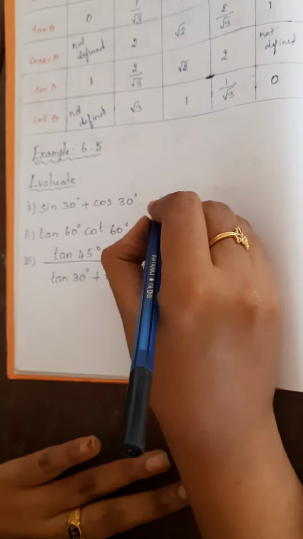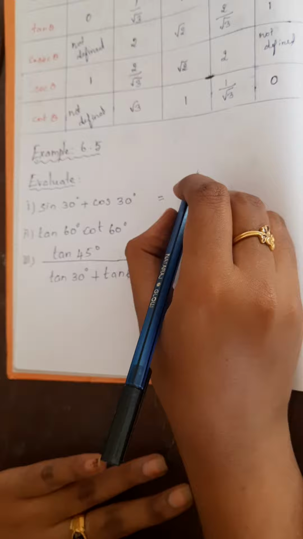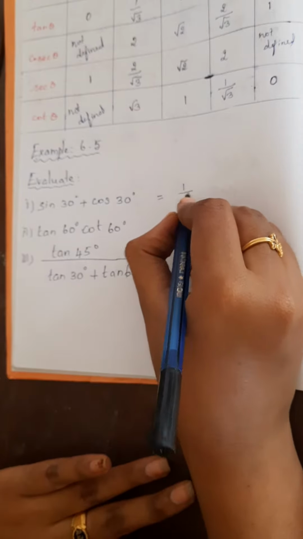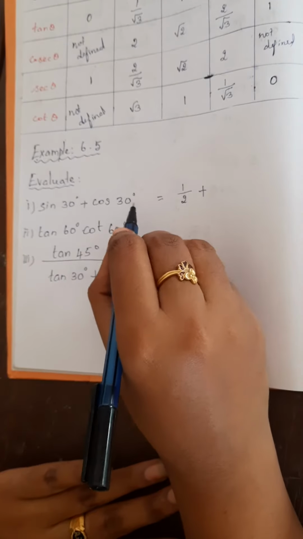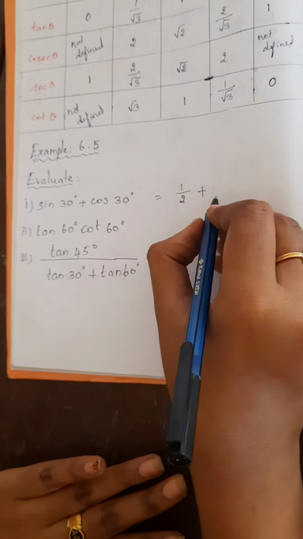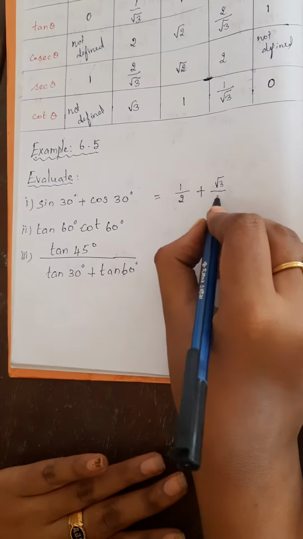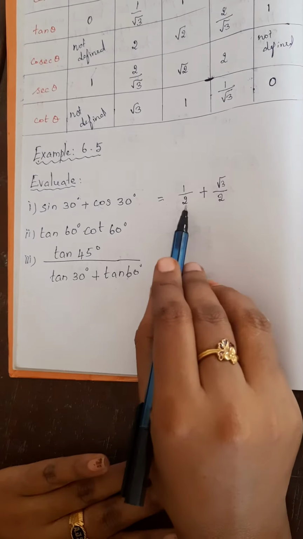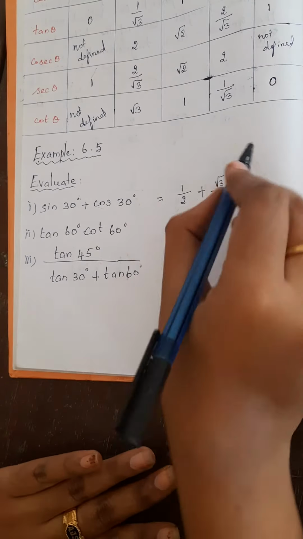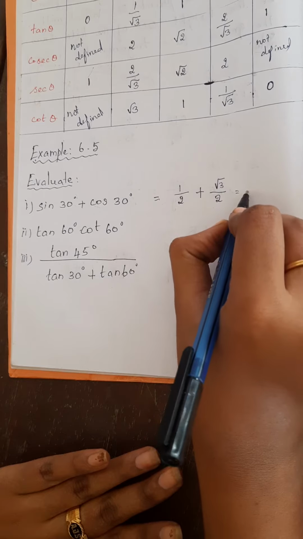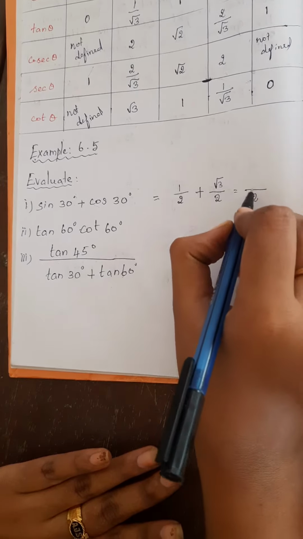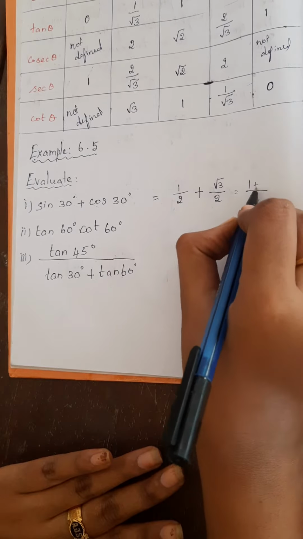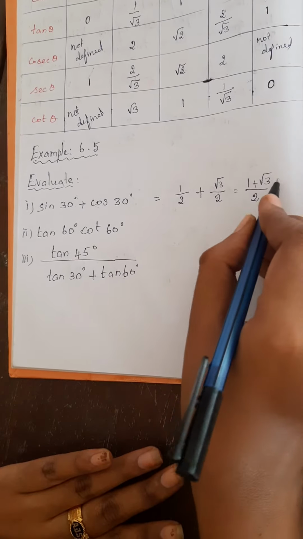Sin 30 degree is 1 by 2, then plus cos 30 degree is root 3 by 2. These denominators are same. You can write common denominator 2, then 1 plus root 3. This is your answer.